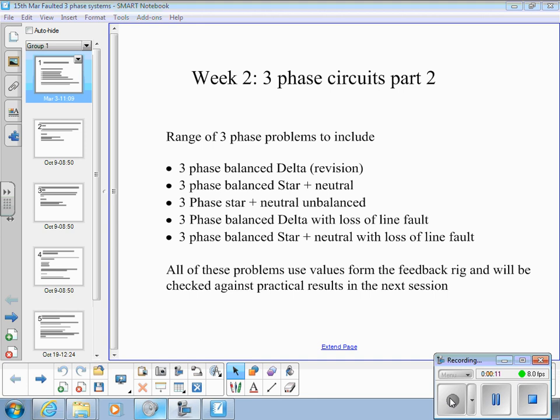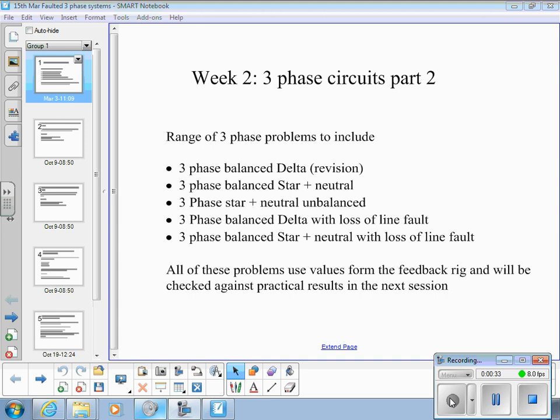For the remainder of the session, and maybe carrying through a little into next week, we'll look at a range of three-phase problems, including three-phase balanced delta, which is a bit of a revision from what we touched on last week, and three-phase balanced star and neutral.